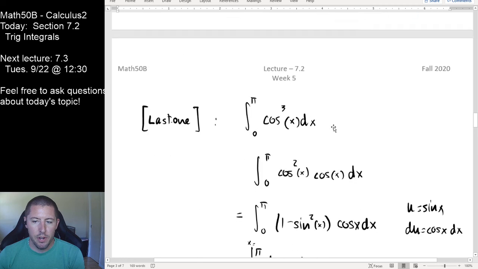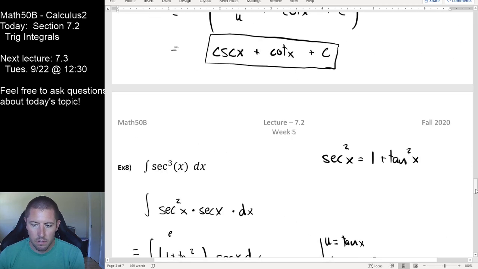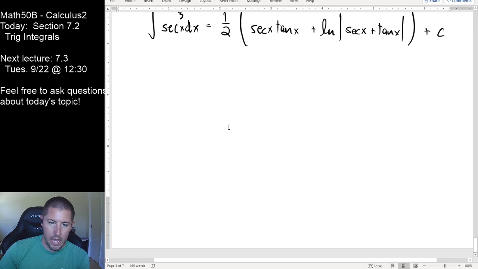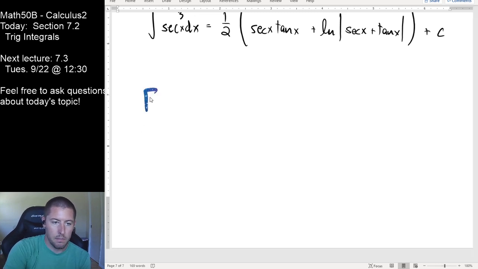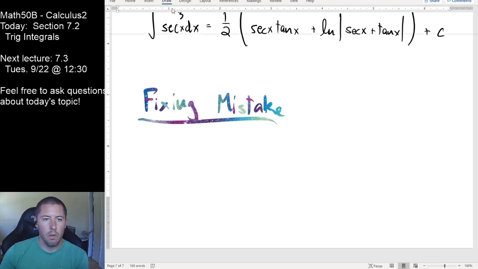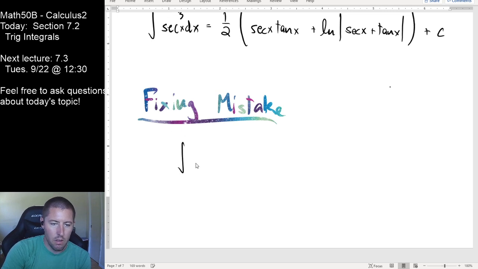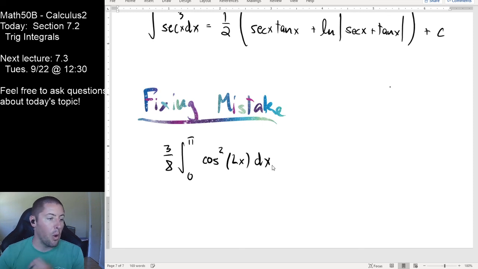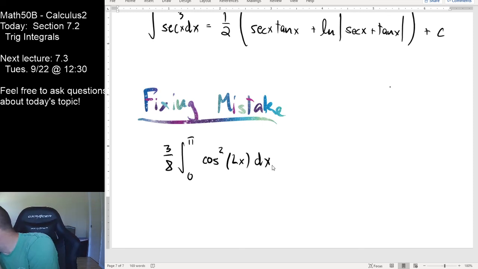What we should have been computing right there, we were trying to do the integral from 0 to pi. We had 3/8 of the integral of cosine squared of 2x dx, not 1x. That was my error that I made in doing that guy right there.